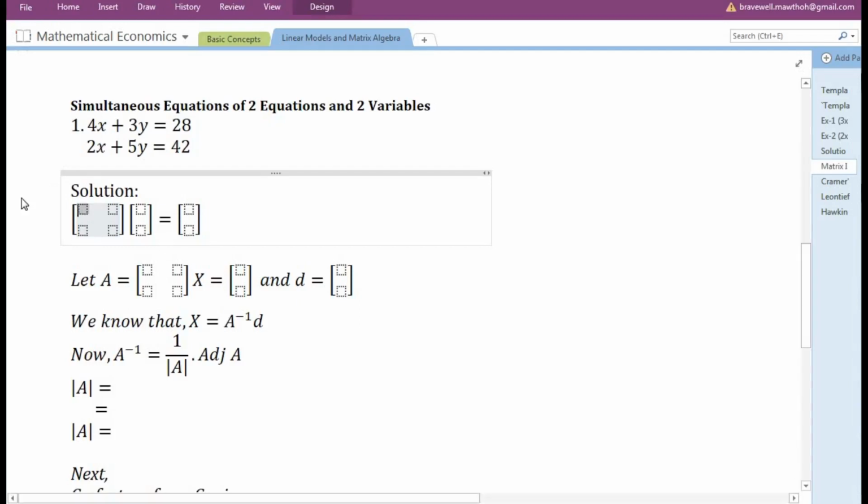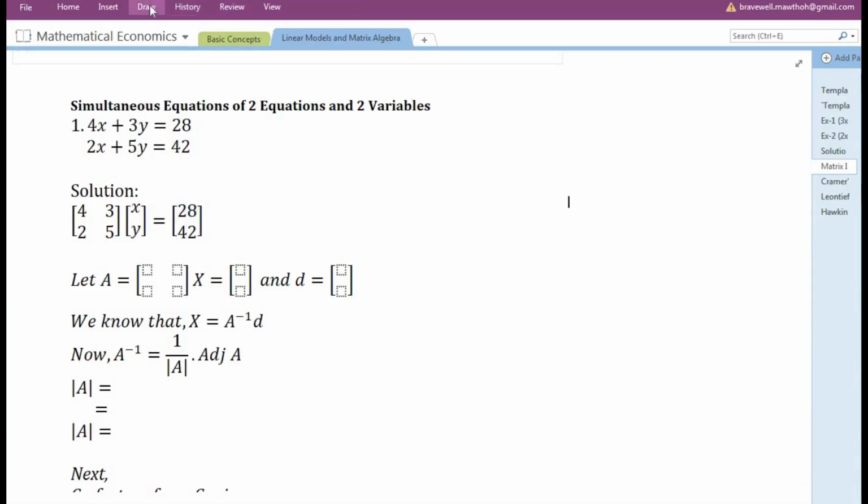The coefficient of the first variable in the first equation is 4. Second variable in the first equation is 3. First variable in the second equation is 2. And second variable in the second equation is 5. What are the variables? The two variables are x and y. What are the constant terms? Constant terms are 28 and 42.